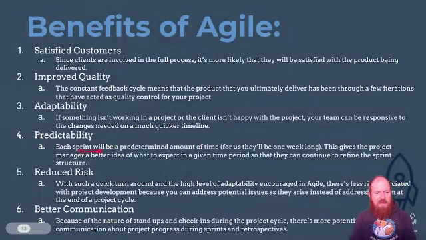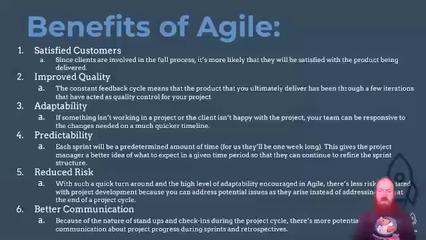Okay. So it says each sprint. We'll talk about sprints here in just a second. But a sprint is you're taking out some of your time there and chunking it. And then reduced risk, that's the biggest thing, is if I know what the client wants and I'm in continuous communication with them and I'm providing demos for them, there's going to be a lot less risk of them at the end saying, this is horrible, we're not going to pay you, because those type of things happen.